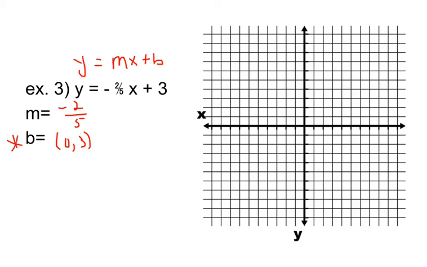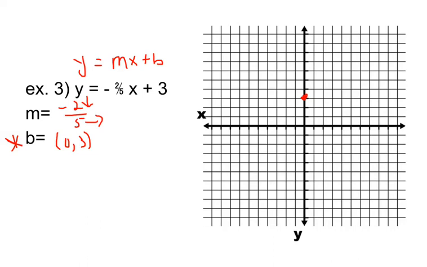Okay, that's where we start. We start with our y-intercept, go to 0, 3, and plot that point. Okay. And now we're going to go back to our slope. We have negative 2 for our rise number, so that means we're going down 2. And then we have positive 5 for our run number. That means we're going 5 to the right. So go ahead and start from 0, 3.